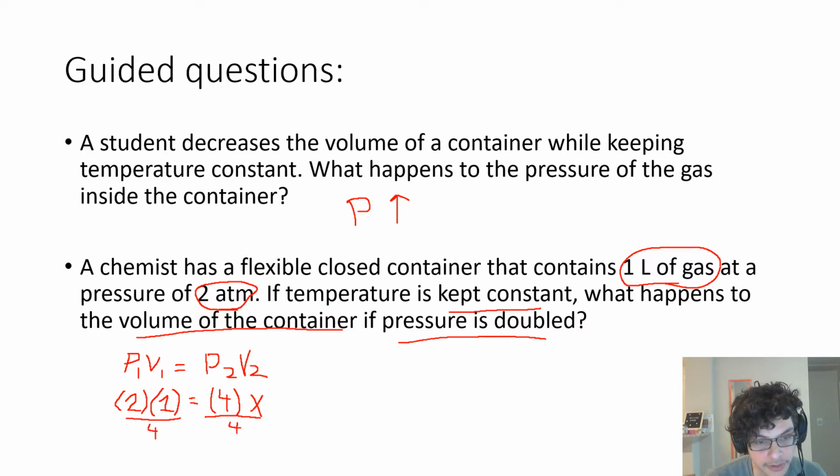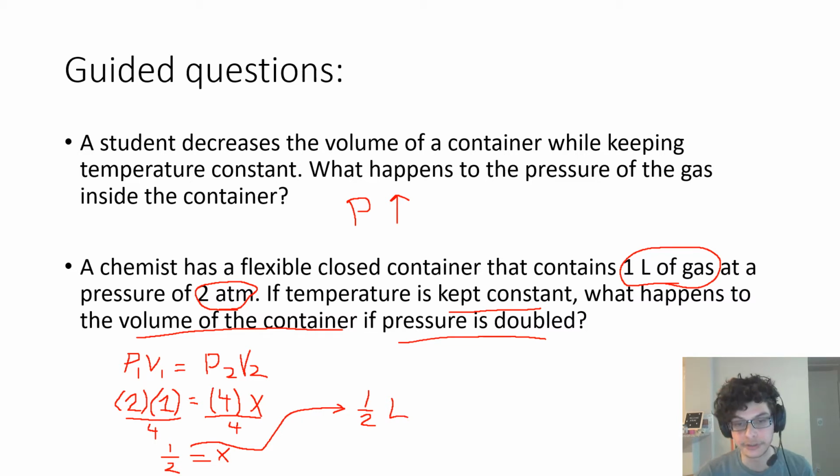So let's divide both of these sides by 4. By the way, 2 times 1 is 2. So 2 divided by 4 is 1/2, which is equal to our new volume. You do have to use units here though, so I want you to make sure you use 1/2 of a liter as our new volume, or that could be 0.5 liters as well.